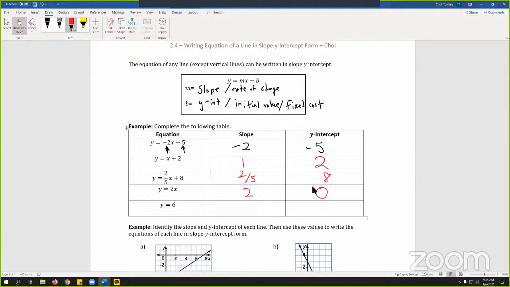I don't know, is it like, could 6 be the y-intercept just like sitting on the line, like 0 and 6? But then there's no x, there's no slope. You're saying it could be just a straight line? Yeah. And the answer is yes, it is 0 and 6.